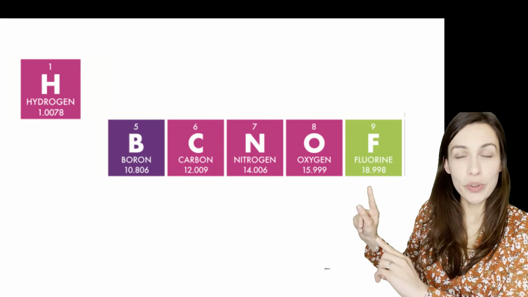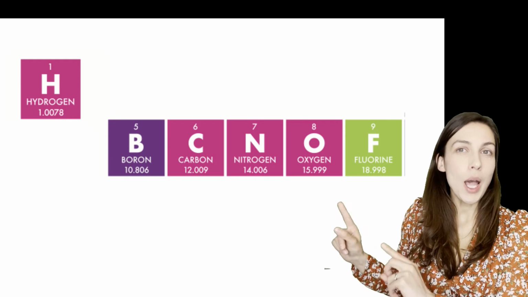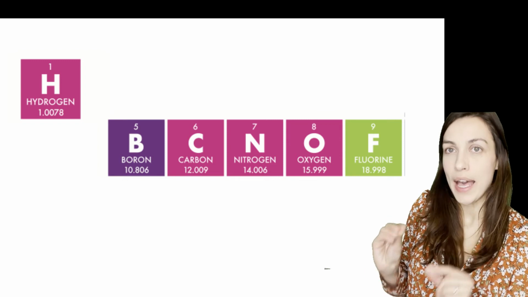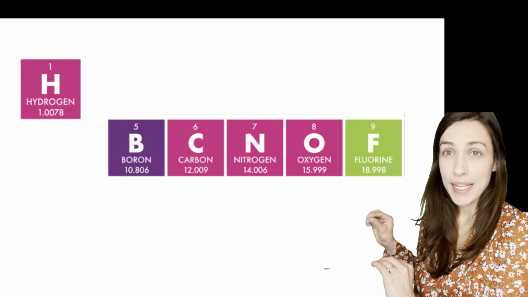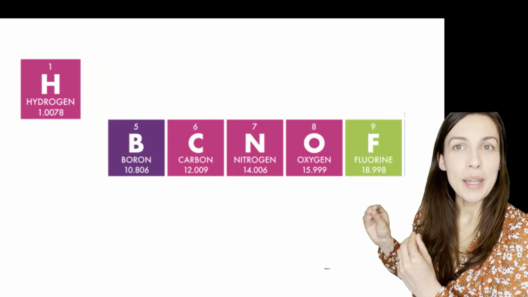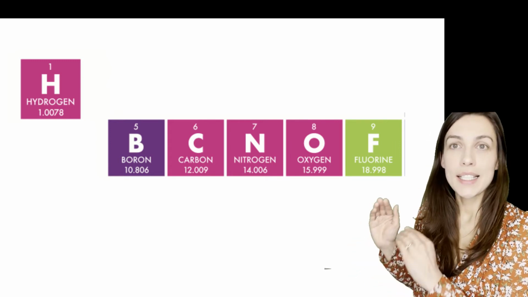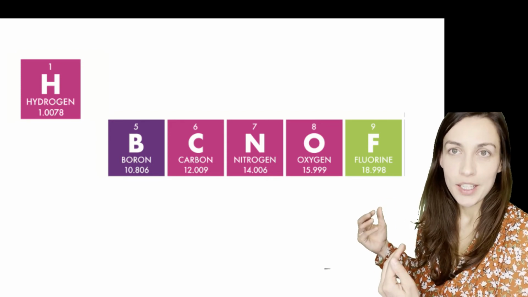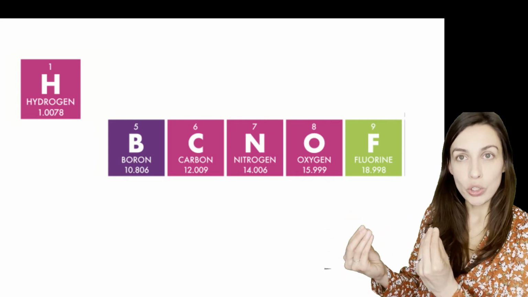Also, if I give you the atomic mass, you should be able to tell me how many neutrons are in a particular kind of atom. So if I tell you that the atomic mass of oxygen is 16, then you know that by definition, oxygen has the atomic number 8. 16 minus 8 equals 8 neutrons, because the mass, as we calculated, is only made up of protons and neutrons.